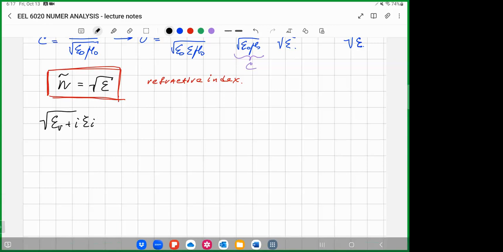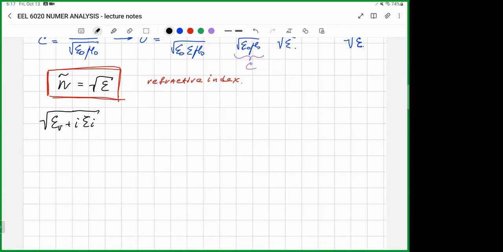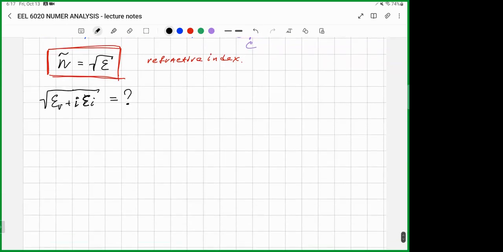Square root of real part of epsilon plus imaginary part of epsilon times imaginary unit. So what is it?